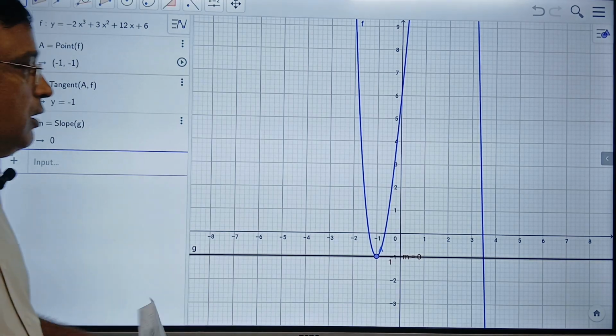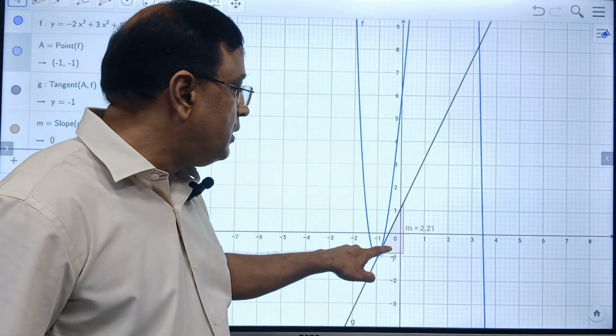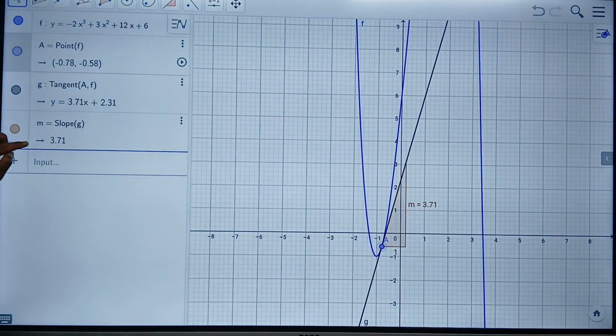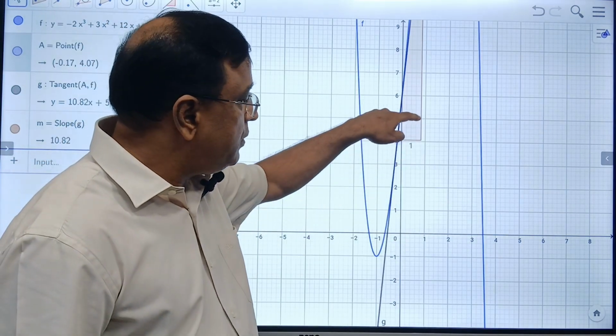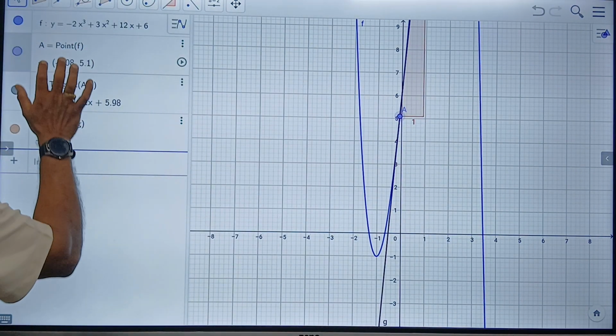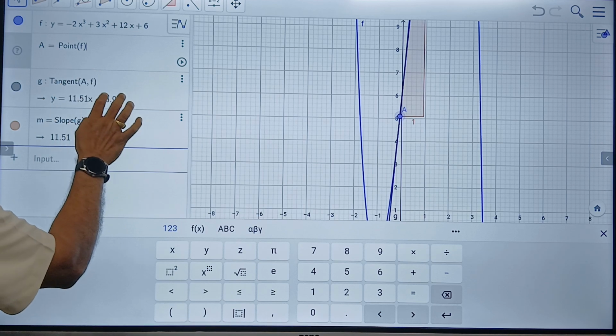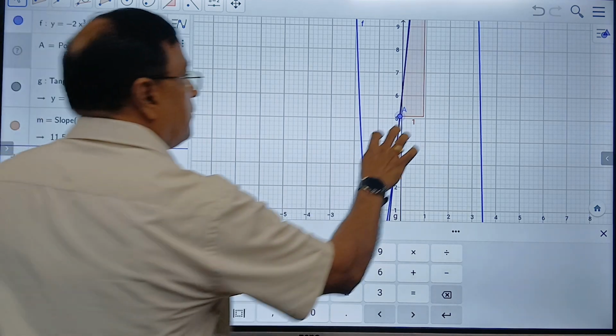Now keep moving. When you move away from minus 1, you see your tangent changes from negative to positive now. Now it is increasing, you keep moving up.